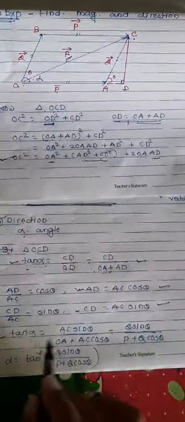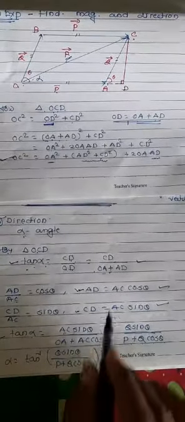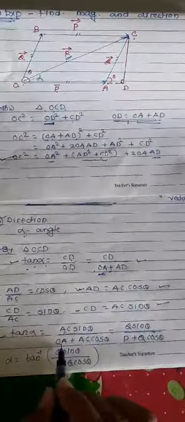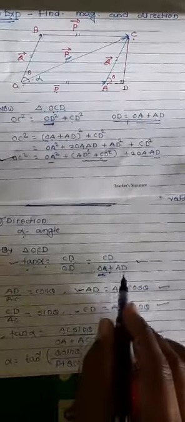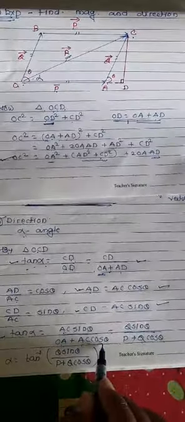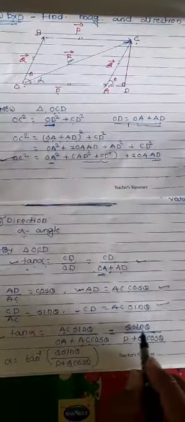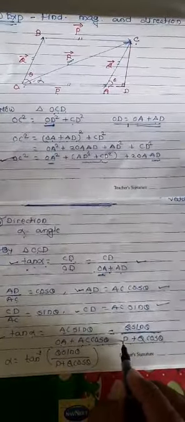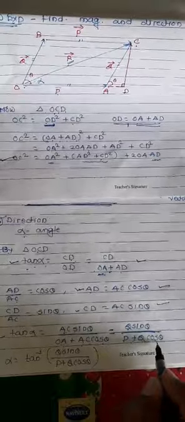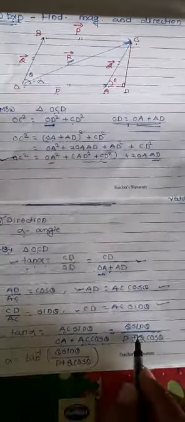Then the equation becomes tan of alpha is equal to AC sin of theta upon OA as it is, plus instead of AD, AC cos of theta. In vector form, we take Q sin of theta upon P plus Q cos of theta, and this is the value of tan of alpha.